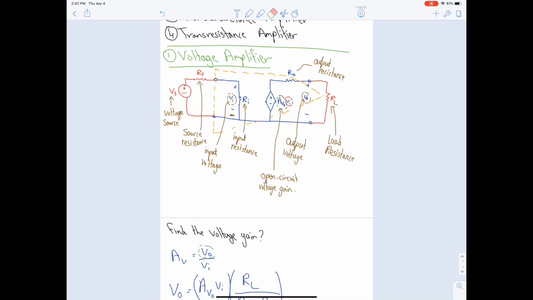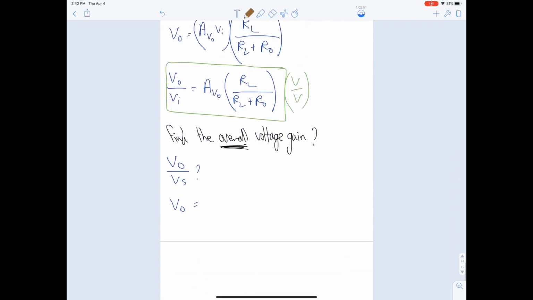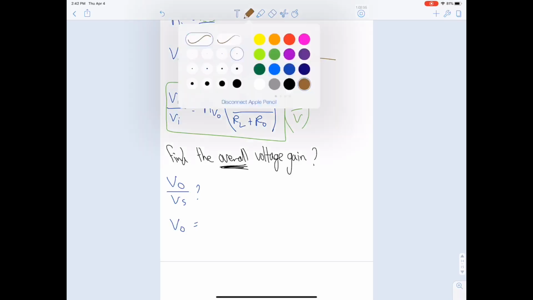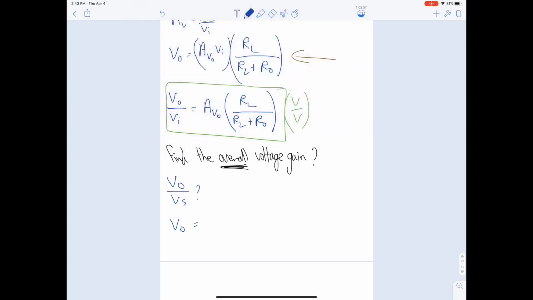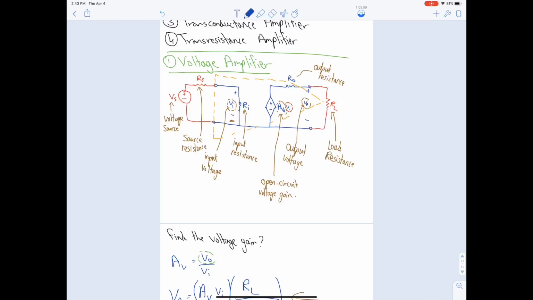Okay. So first, we said we need to find V output in terms of V input, and then V input in terms of Vs, and then plug them into each other. So what is V output in terms of V input? We already found it in here, right? V output in terms of V input is AV naught multiplied by the V input multiplied by RL divided by RL plus RO. Now what is V input in terms of Vs?